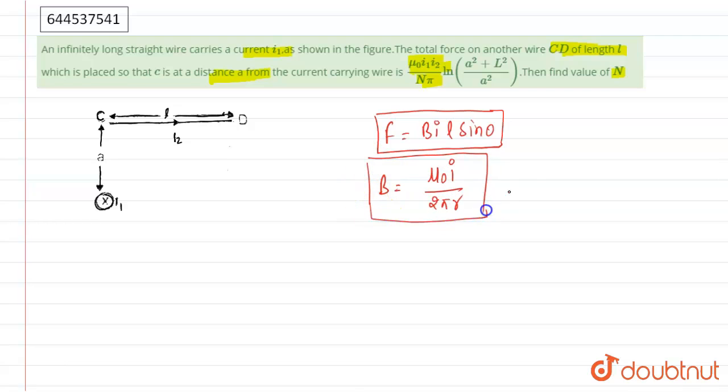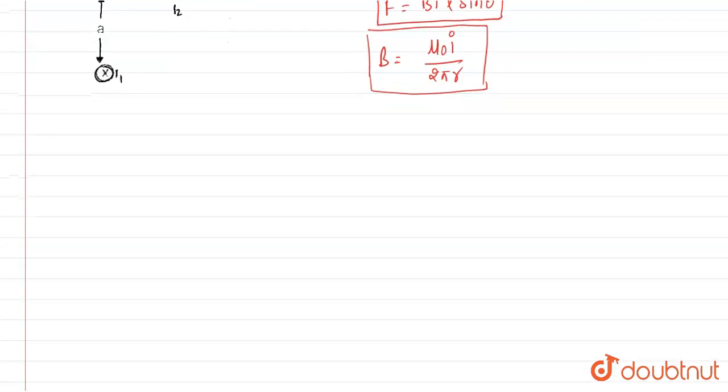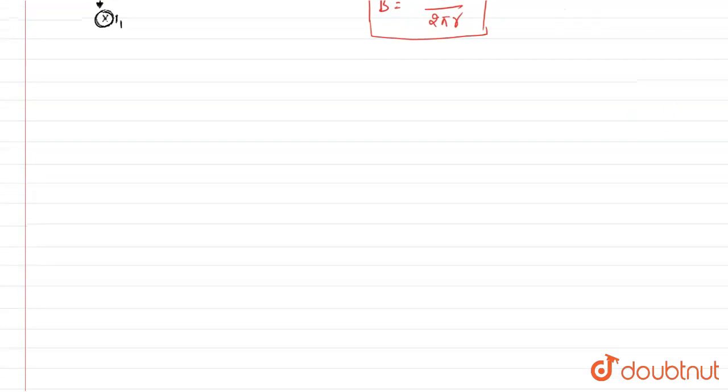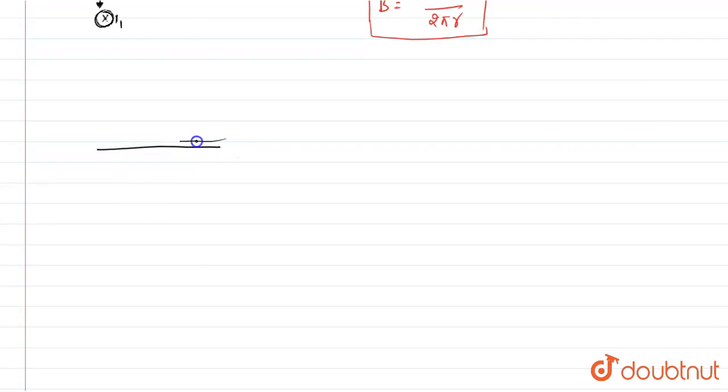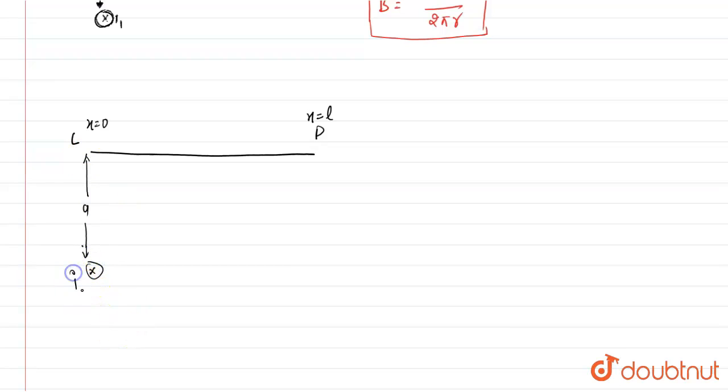First of all we will take an element on the wire CD. Let's assume that is the wire CD, with C and D its ends. Assume that x equals 0 at C, and x equals L at D. At a distance A is the wire that is carrying current I1.